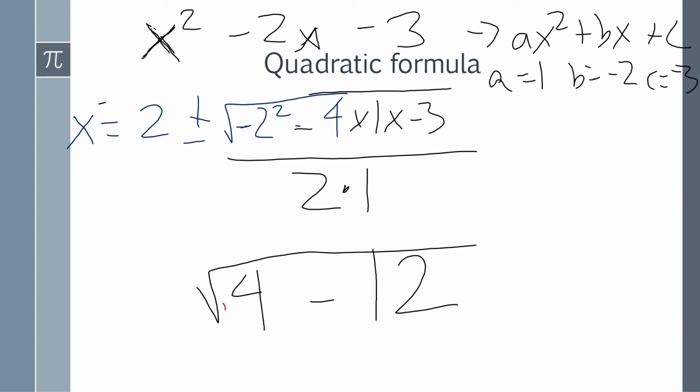Alright. So look, two negatives makes that a positive right there. So inside the square root is going to be 16. And we know the square root of 16 is 4, right?